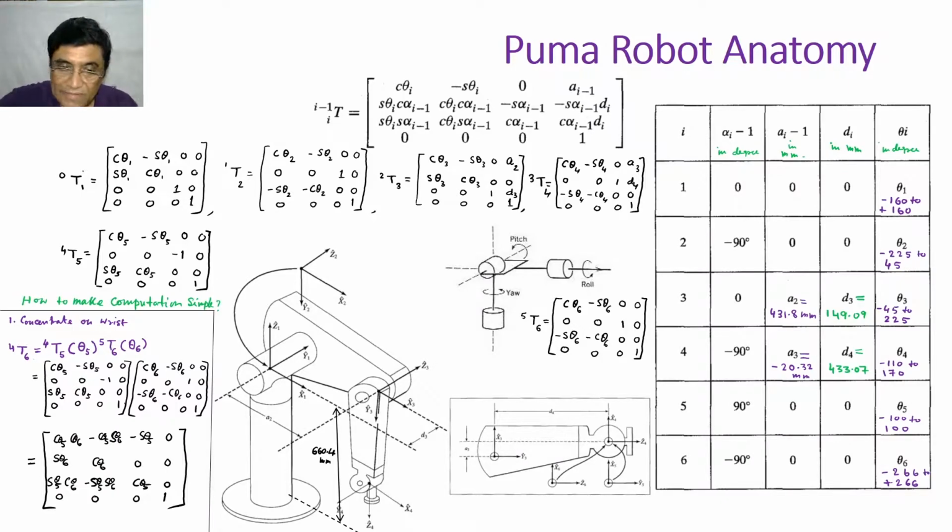That's the reason this industrial robot, and industry people who are very conservative, want that if at all we need to solve inverse kinematics, which is very required for program control robots like PUMA, then let us make this wrist like this.